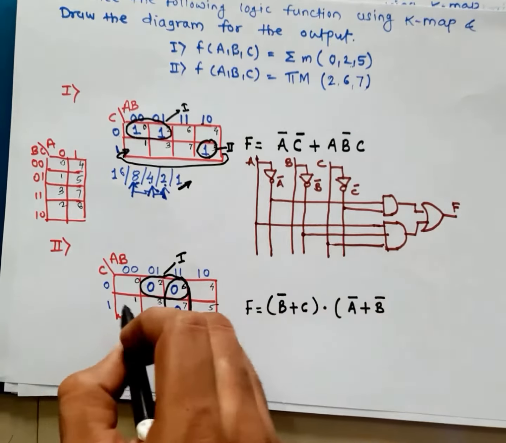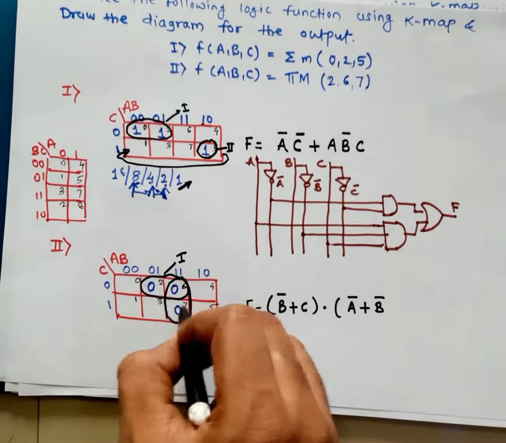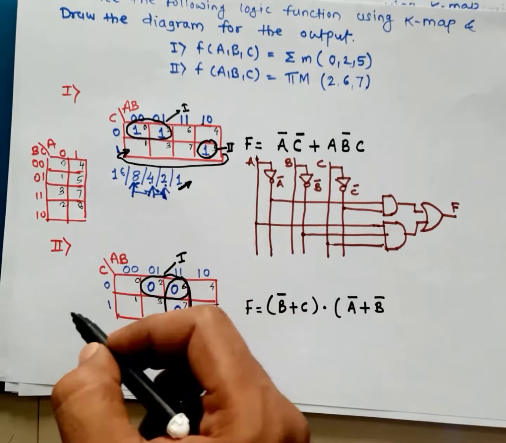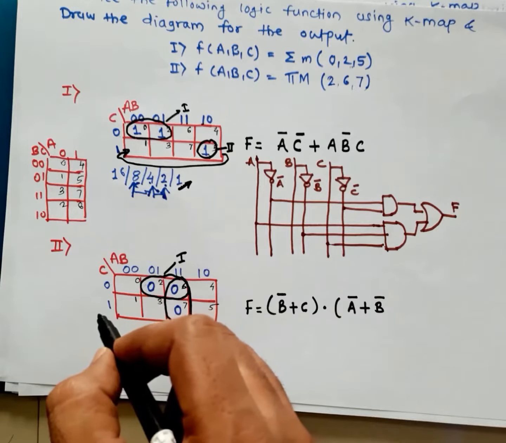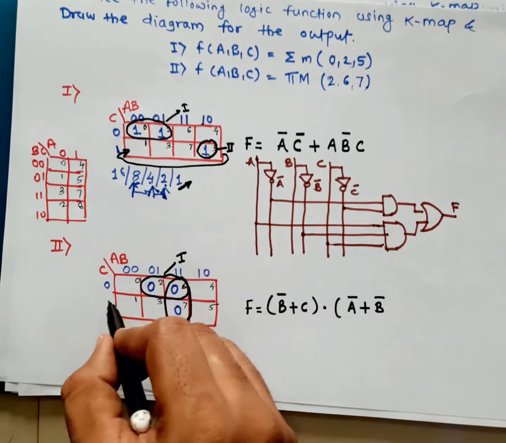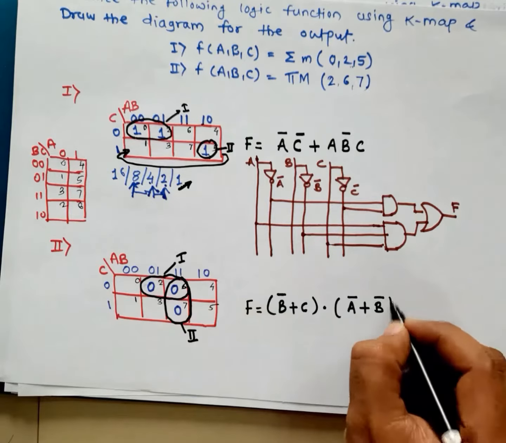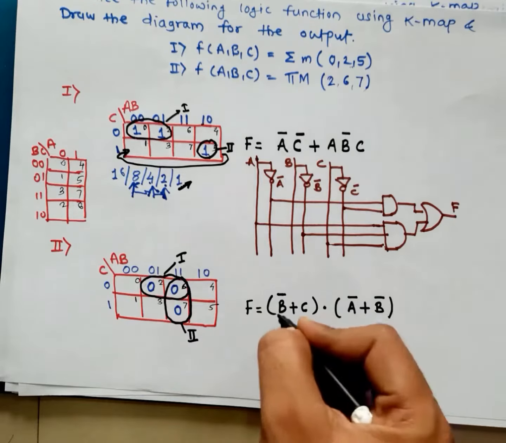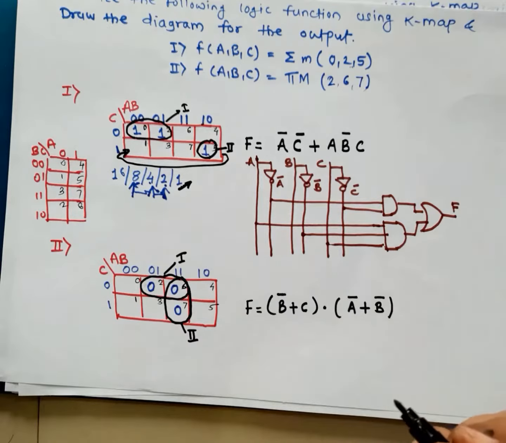Now the value of C: both rows are considered and the value of C is 0 and 1, which is different. So we need to eliminate the C variable from this term. So the final equation is (A bar plus B bar) into (C bar plus C).